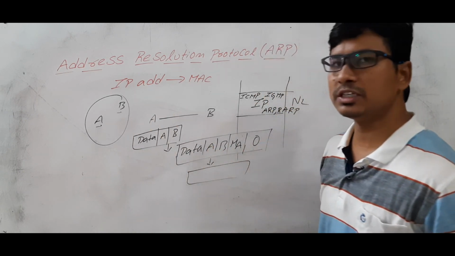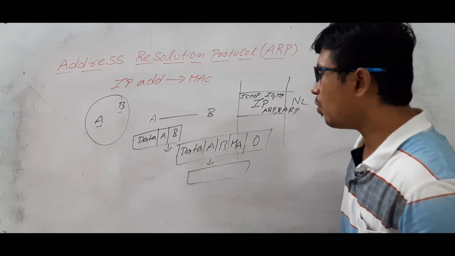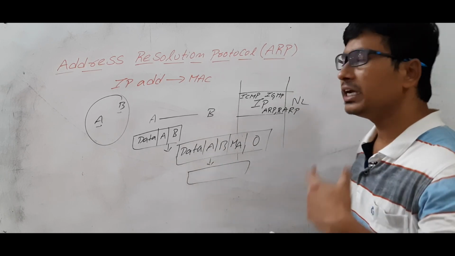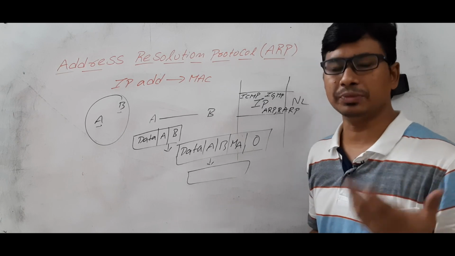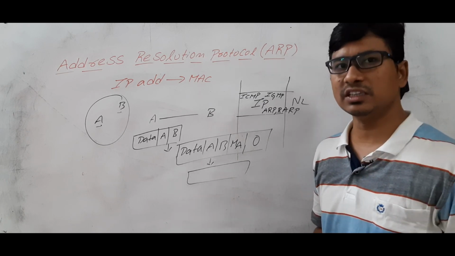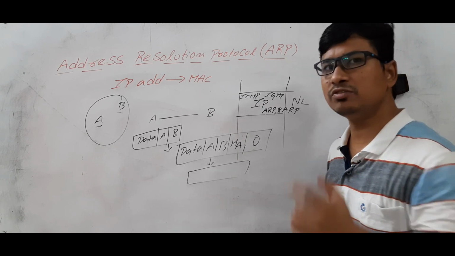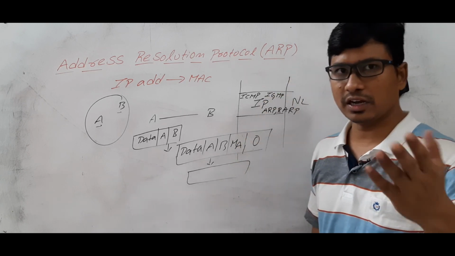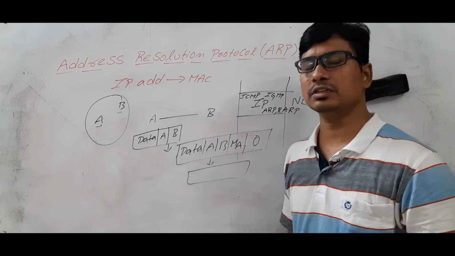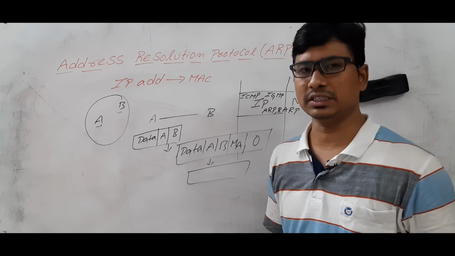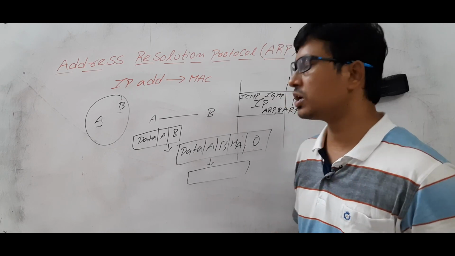Now this information will come to the data link layer. What will the data link layer do? It will broadcast the information. If it is broadcasting, what information will be there in the destination MAC address? Can you say it? If you know the answer, please write it in the comment section. If you do not know, please watch my video.